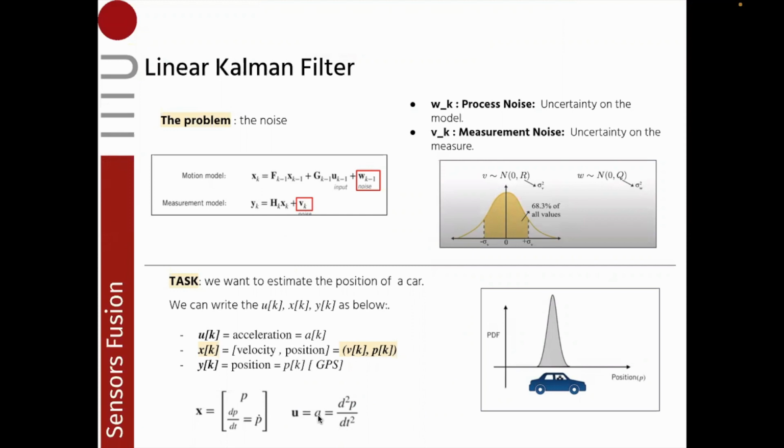So let's see the issue we want to solve with the Kalman filter. The real issue, as we said before, is the noise. Here we have two main sources of noise. The first type of noise is on the measurement model, so on the state observer, and is represented by the variable v of k.